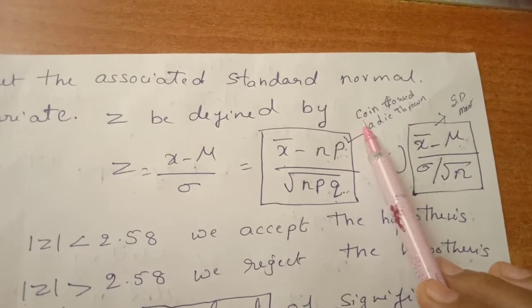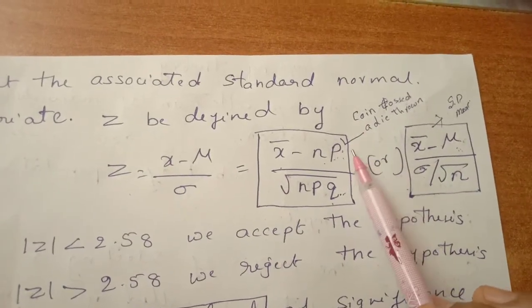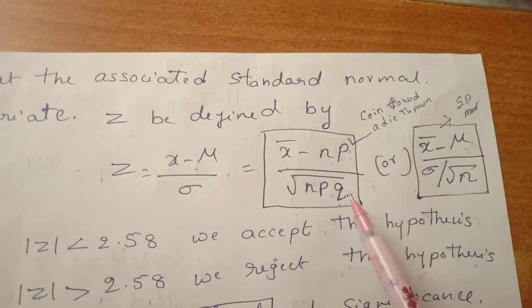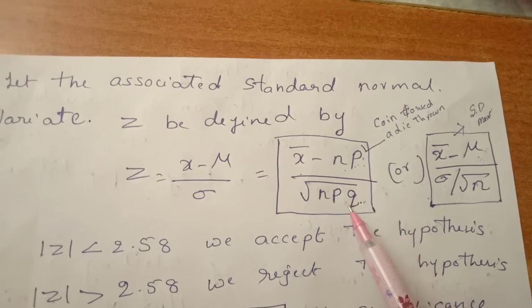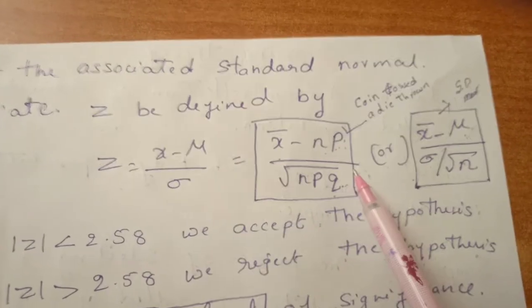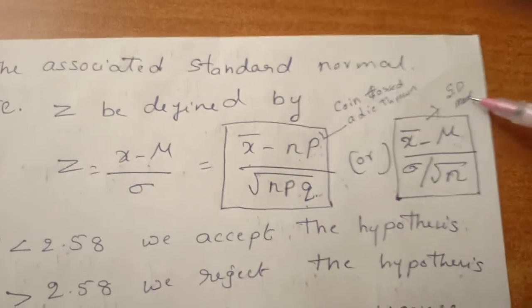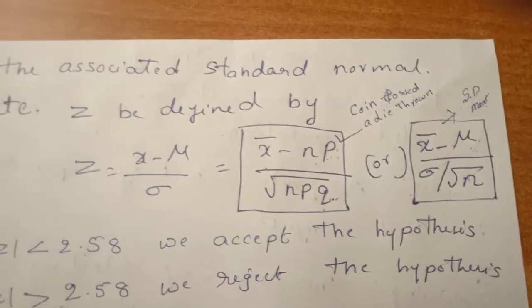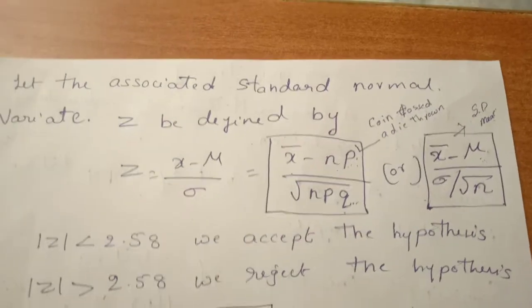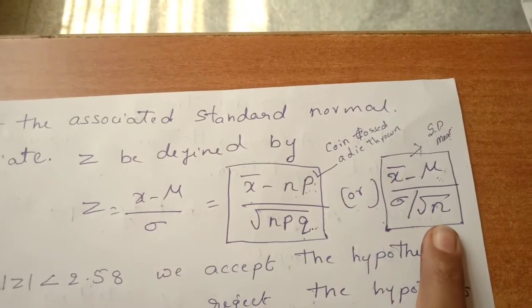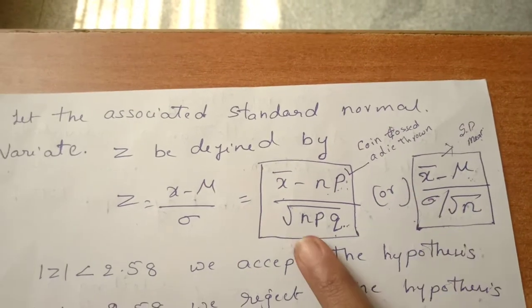In tossing a coin and throwing a die, there is a chance of getting probability of success and probability of failure, p and q values. So in this case we apply this formula. Suppose while solving the problems, if the problem gives the standard deviation and mean value directly for the large population, we consider the second formula. We solve the problems on both the formulas.